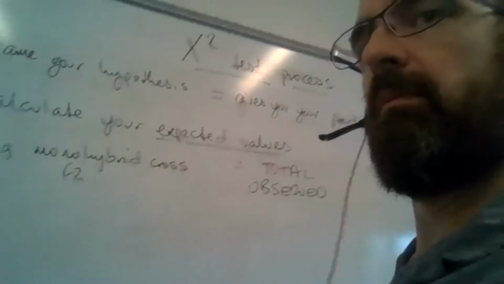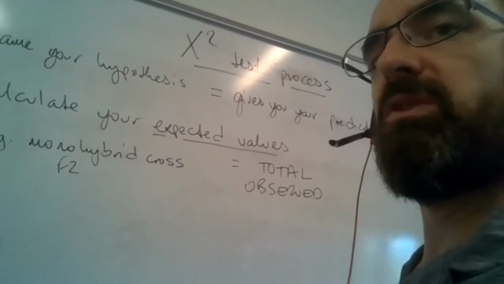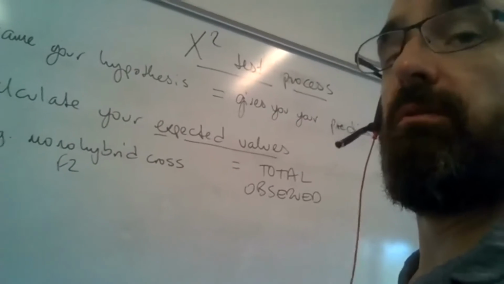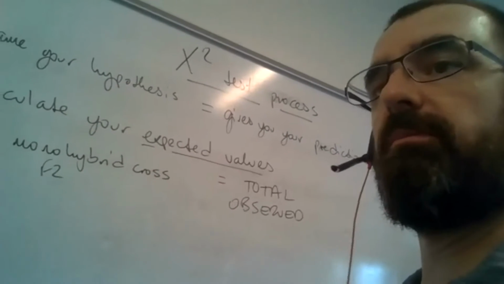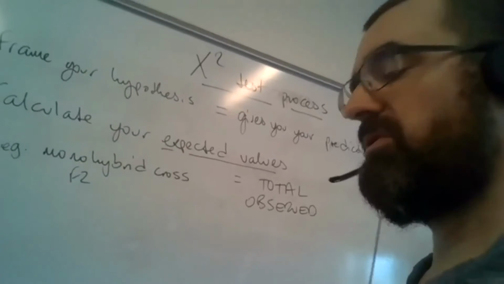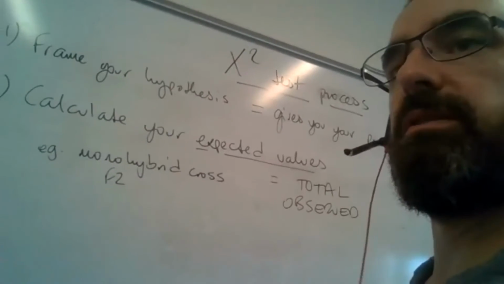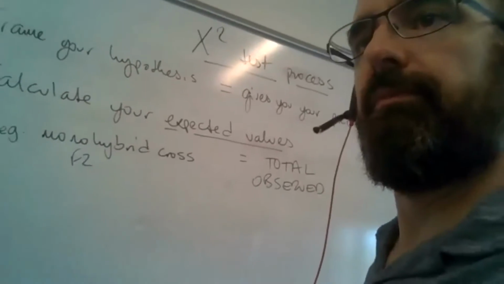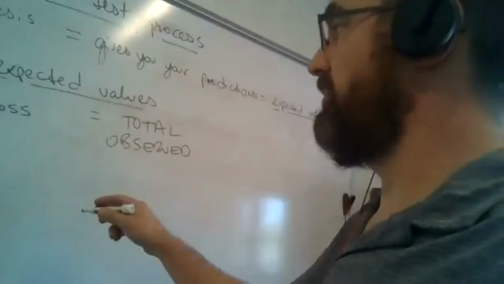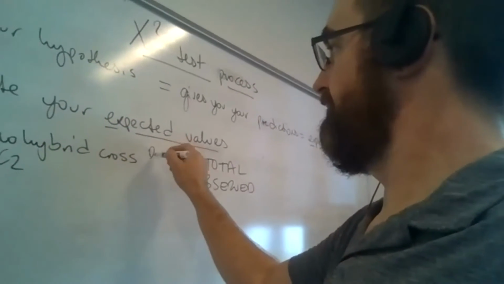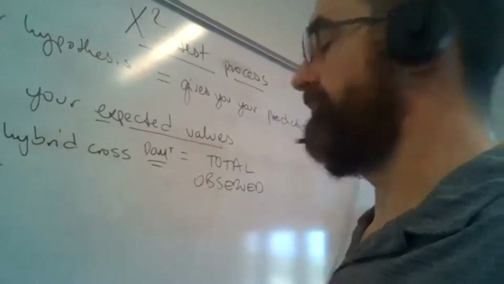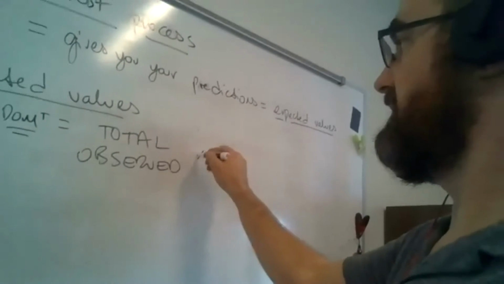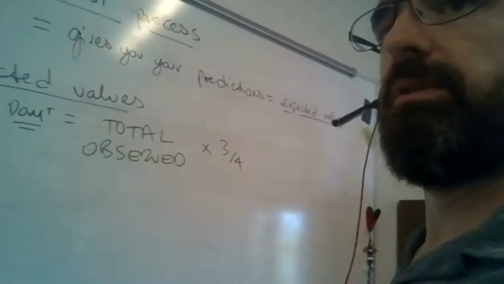If we've got a monohybrid cross, the F2, what fraction of the offspring or of your observed would you expect to be dominant in the F2 generation of a monohybrid cross? 3/4. Fabulous, Isaiah. That's exactly right. So if we're looking at the dominant, it's going to be total observed times 3/4.